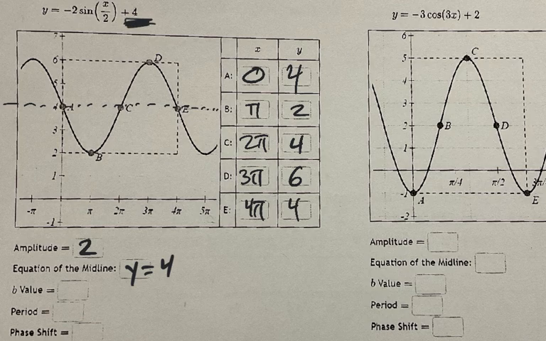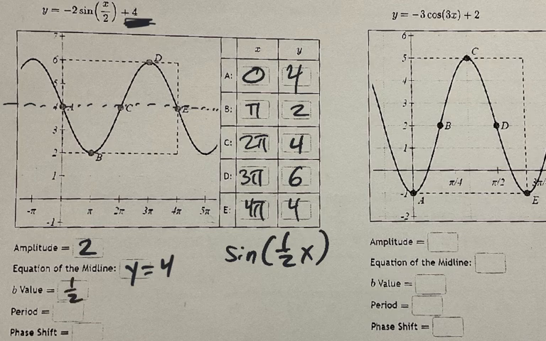Again, that's there. What would be the B value here? It's not 2. It's 1/2. I can rewrite this as sine of 1/2 times x. Right? X over 2 is the same thing as 1/2 times x. Which means my B value is 1/2.